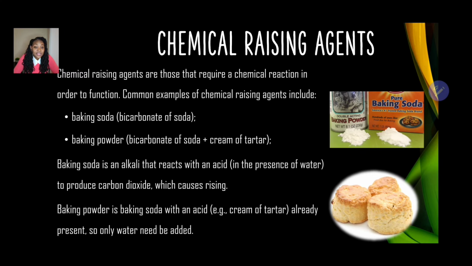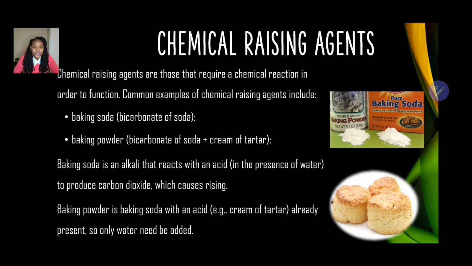These are the things that you are required to put, right? So baking soda is an alkali and it reacts with an acid in the presence of water to produce carbon dioxide. When this reaction takes place, this is when the product starts to rise, right?